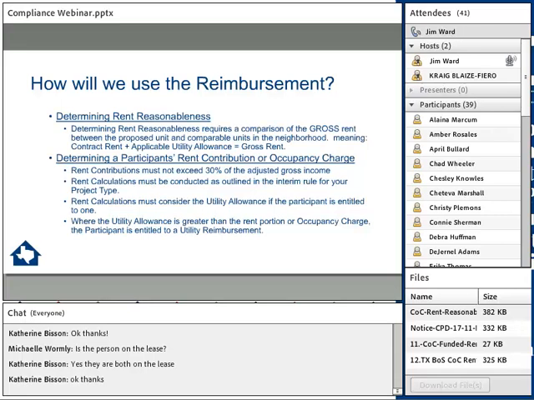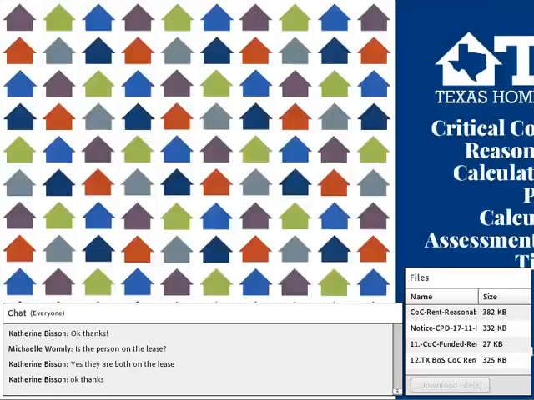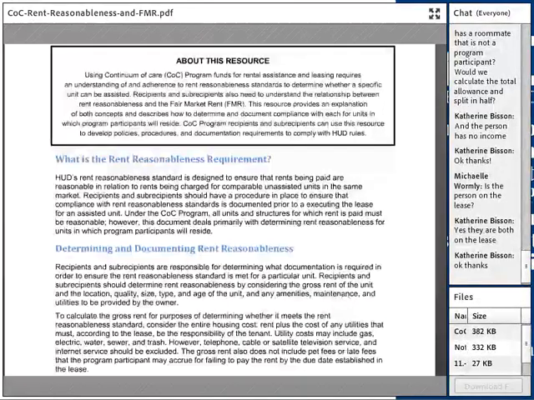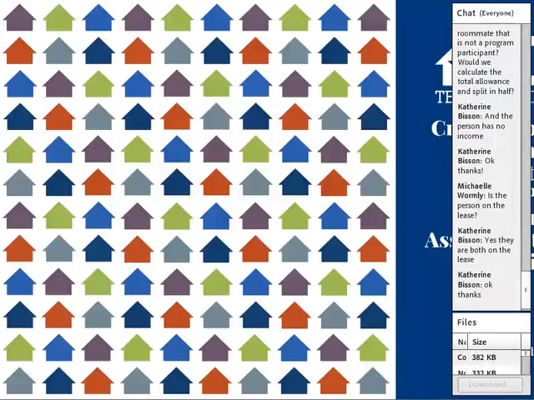So that means that you're comparing the contract rent plus any applicable utility allowance to get a gross rent. Let's take a look at the rent reasonableness checklist. And I think that is going to be here.